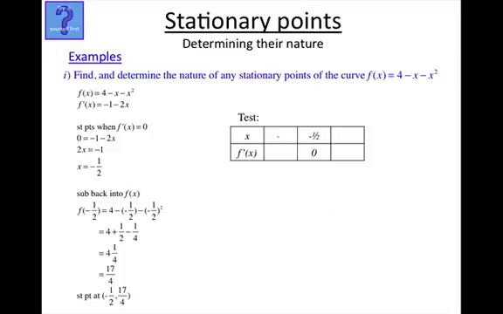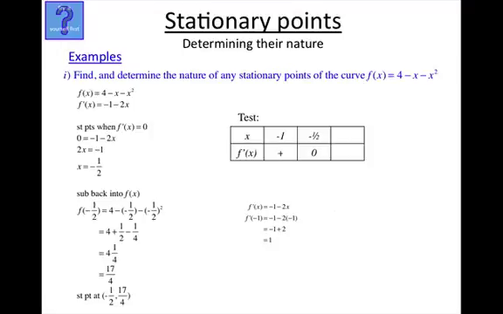Let's go with negative 1, because that's close enough without being a difficult number to use. When we sub negative 1 into our f dash x, we get minus 1 minus 2 into negative 1, which is minus 1 plus 2, which is 1, which is a positive number.